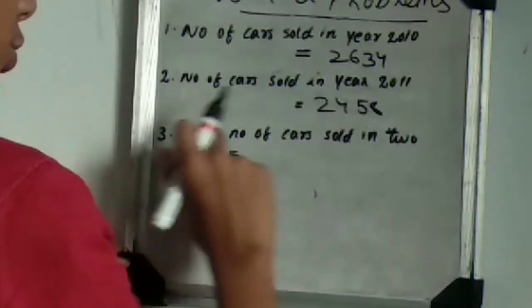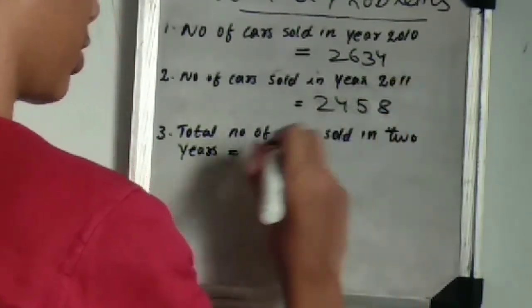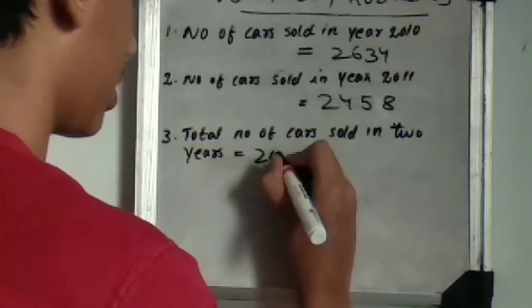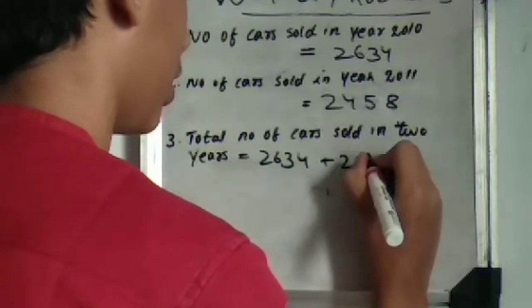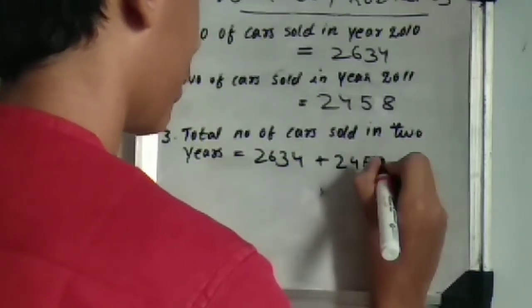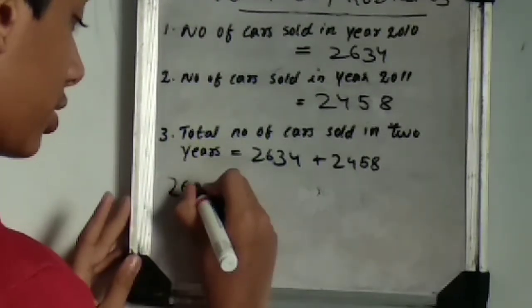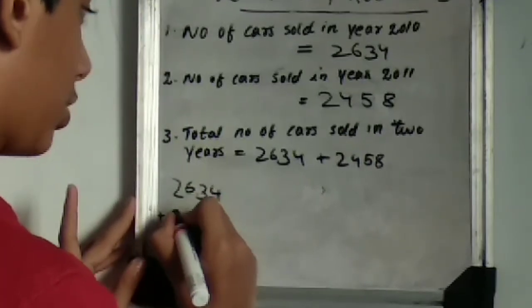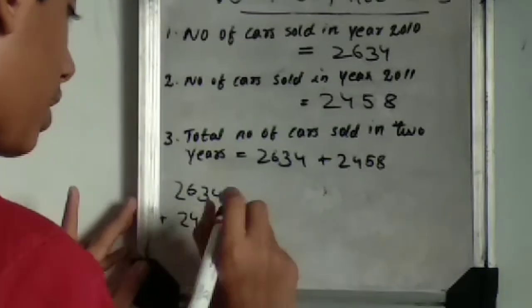So we have to find the total number of cars sold in these 2 years. That is equal to 2634 plus 2458. So we can add it down here.